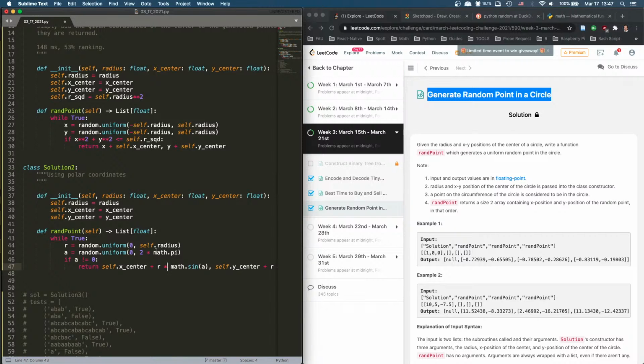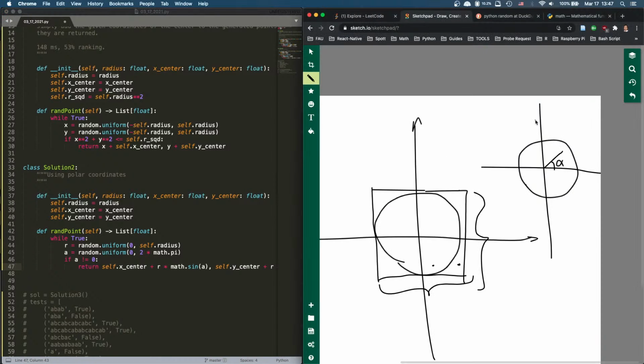The only thing I can think of is because it radiates out, right? So we have random points along this, and then we also generate here. And as it goes out, we can see there's more space here compared to the space here.